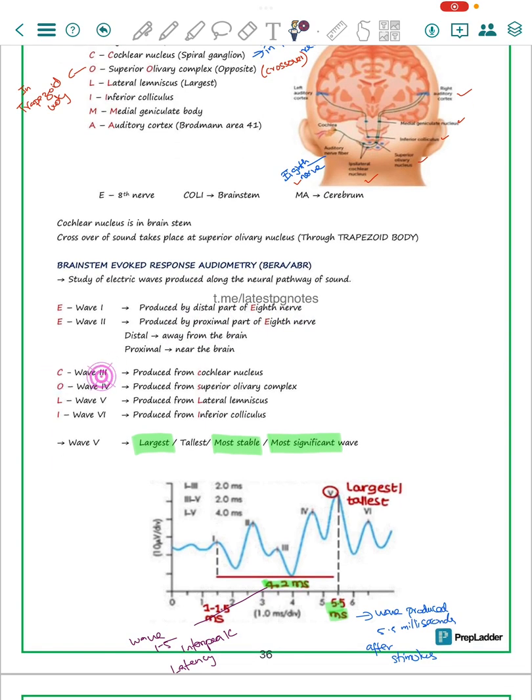Then wave 3 is produced by the cochlear nucleus, wave 4 is produced by the superior olivary nucleus, wave 5 is produced by the lateral lemniscus, wave 6 is produced by the inferior colliculus. See, distal part of auditory nerve, proximal part of auditory nerve, then cochlear nucleus, then superior olivary nucleus, then lateral lemniscus, then inferior colliculus.